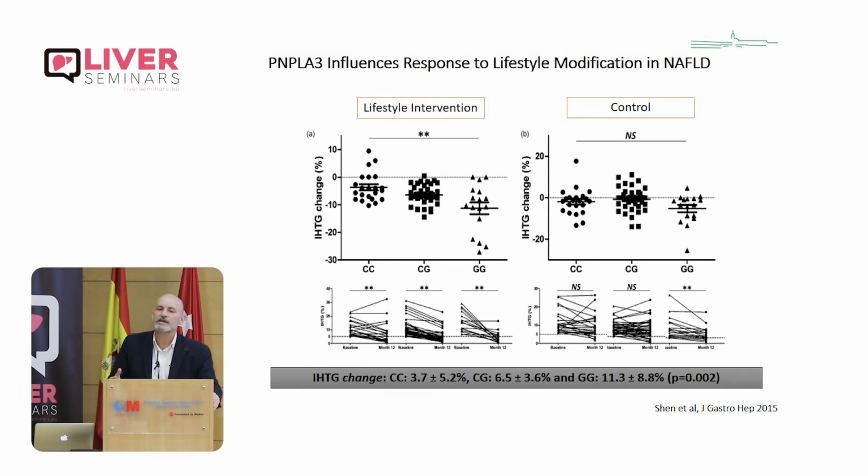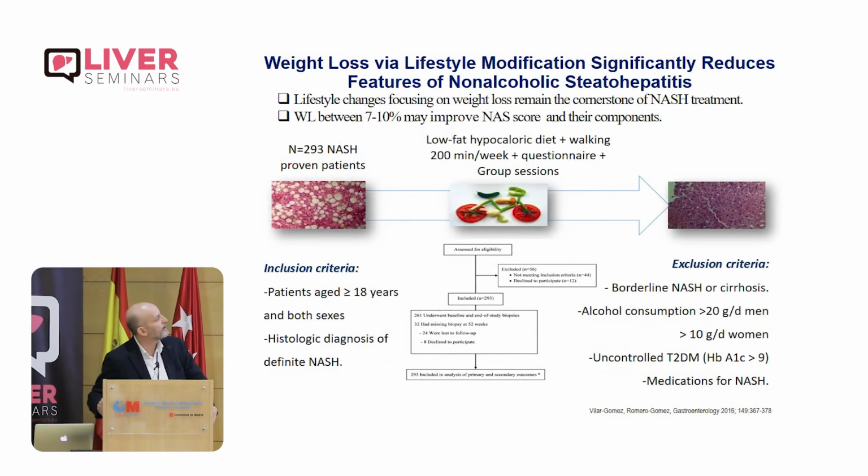It means that a patient genetically predisposed to develop NAFLD-NASH, if they do physical activity or exercise, could improve the liver in a better manner in comparison with people that were born with the favorable genotype. The key point is to reach weight loss.